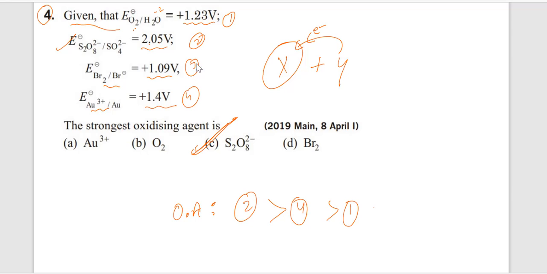Okay, 2 highest, then 4, then 1, then 3, like this. Simple concept, oxidizing agent, and sometimes they ask the reducing agent, so it's the opposite.